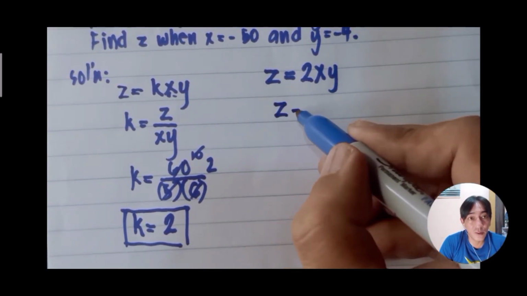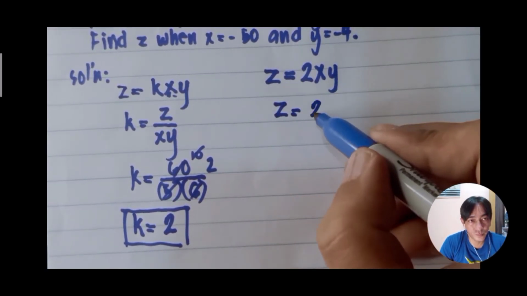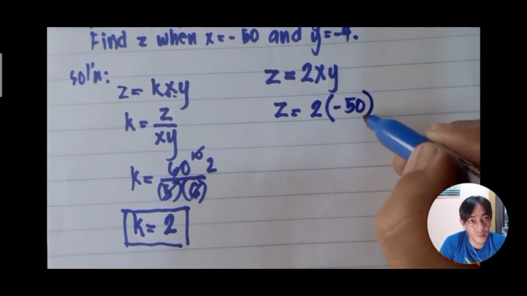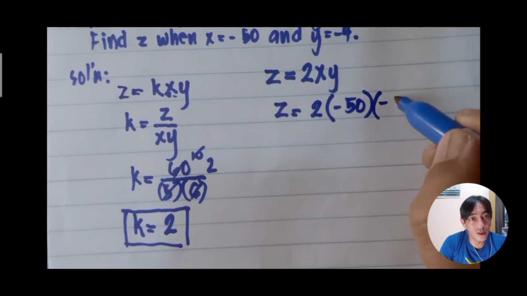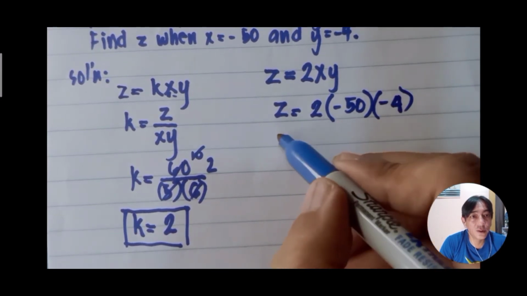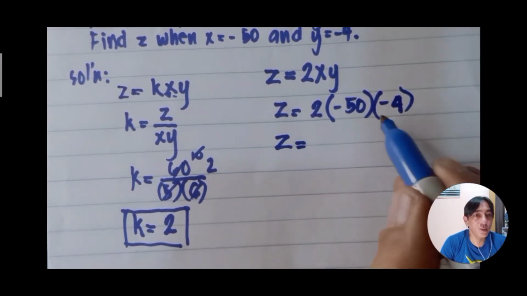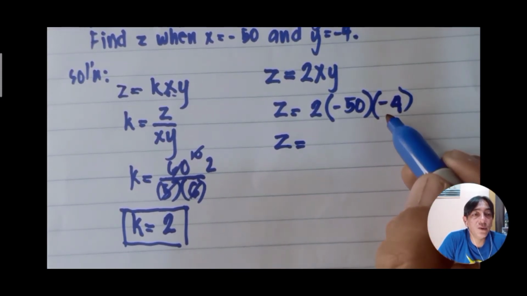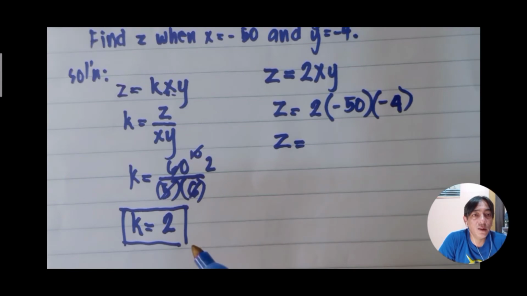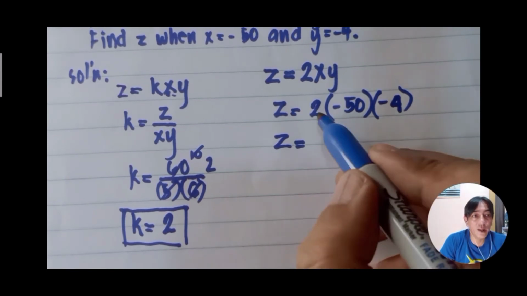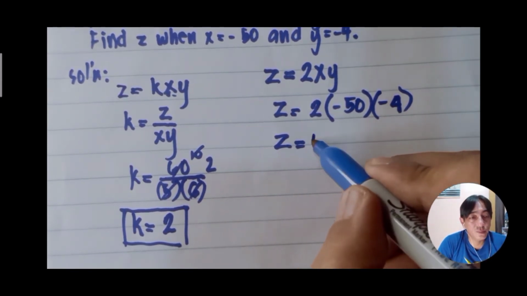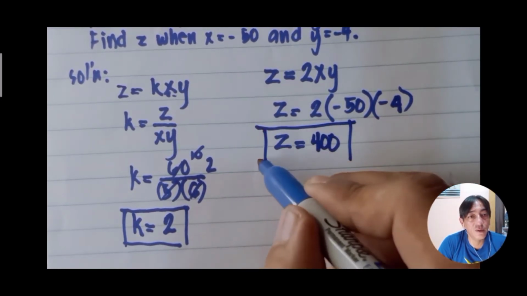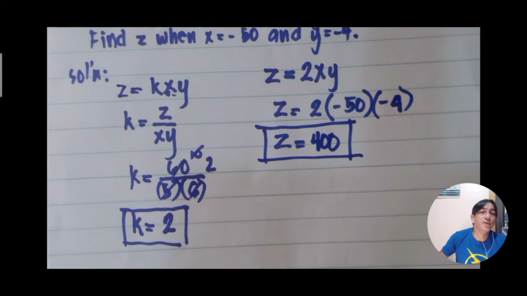So z now is equal to 2 times negative 50 times negative 4. Okay, so z now is equal to negative 50 times negative 4 will be positive 200, right? Times 2, so will be 400. So z now is equal to 400.